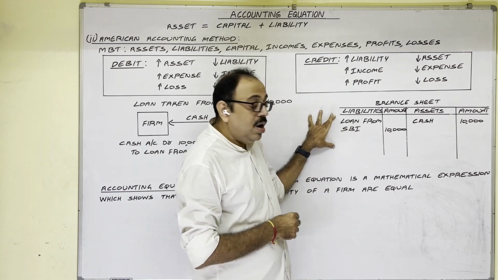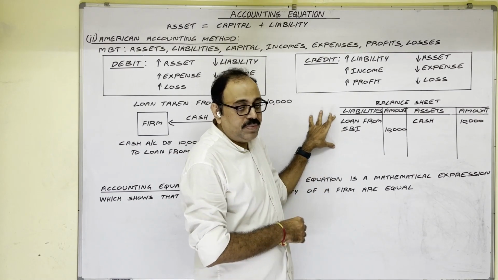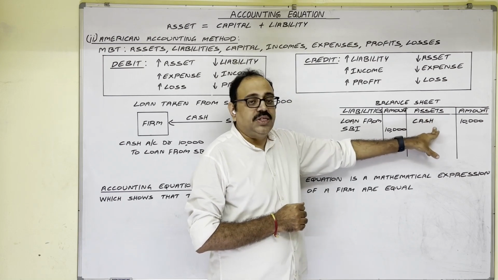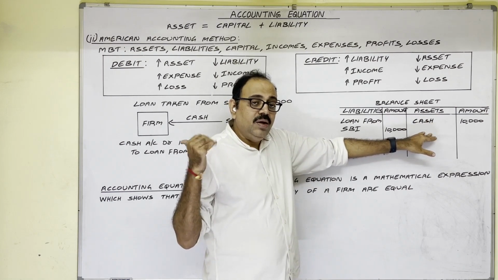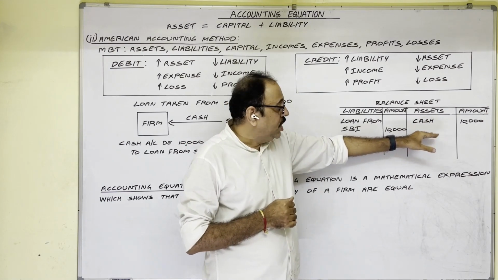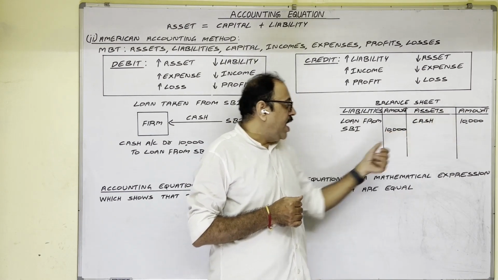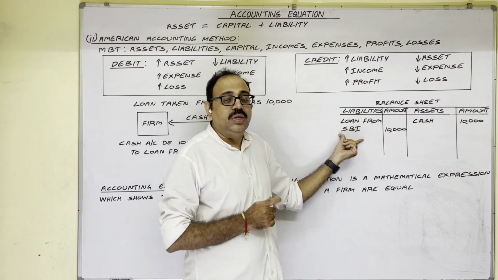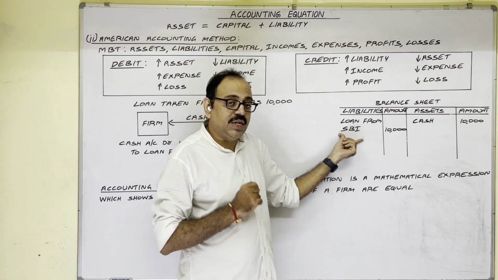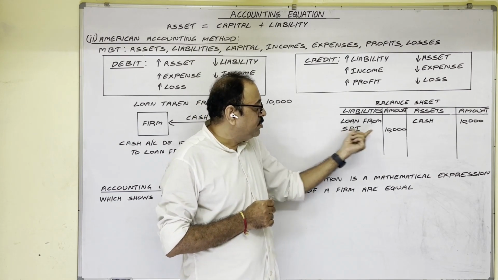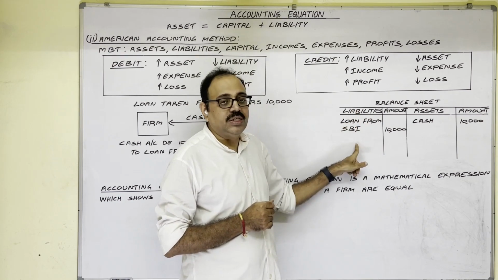These two on liability side we should record. Asset side, cash. So in this transaction, cash is increased. Therefore, cash asset 10,000 here. And a loan, that is loan from SBI is created. So loan from SBI 10,000 under liability side.